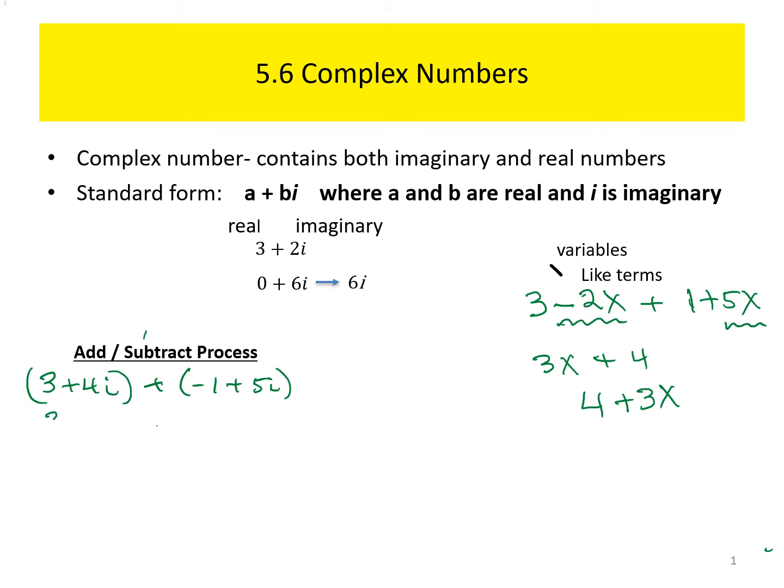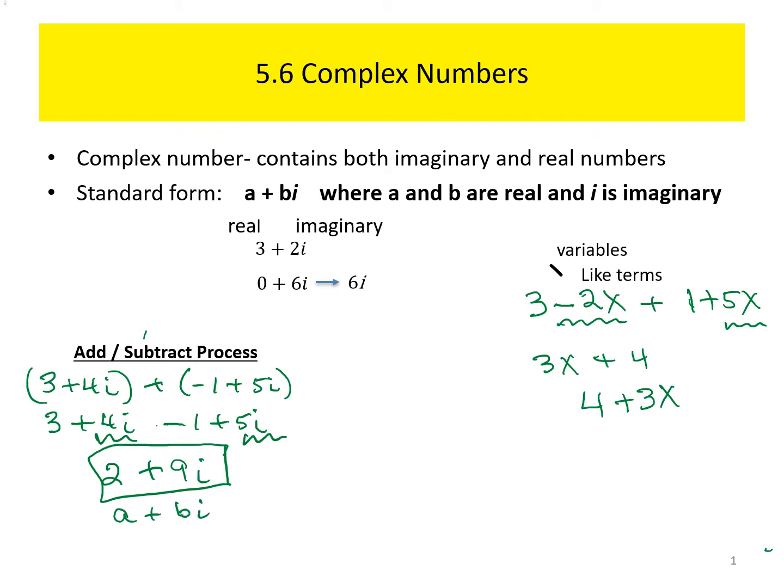So we're going to now write this as 3 plus 4i minus the 1 plus 5i. And notice the 4i and the 5i are like terms, so we're going to add that, and we're going to go ahead and get 3 minus 1 is 2. So we have 2 plus 9i. Now, is this in the correct format of a plus bi? Yes, it is. So therefore, that is a good answer.